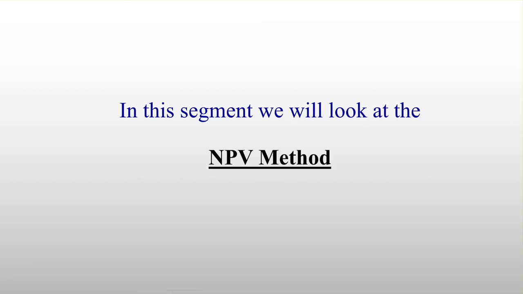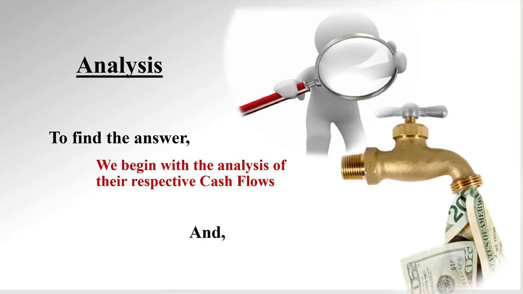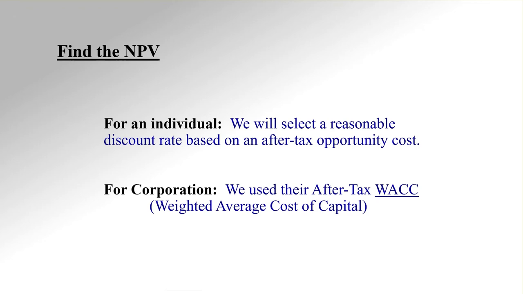So in this segment, we're only going to look at the NPV, or the net present value method. So again, we'll start with the cash flows of the two alternatives. To obtain the net present value, you have to have a discount rate or a weighted average cost of capital. So if you are an individual, we choose a reasonable discount rate.